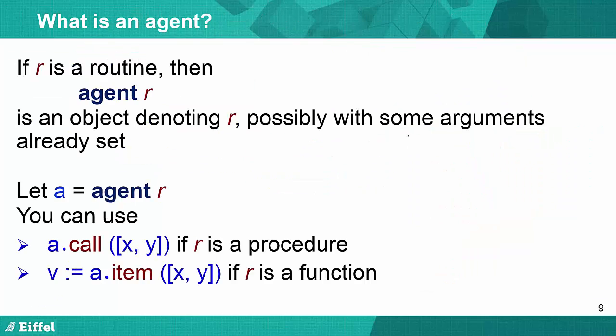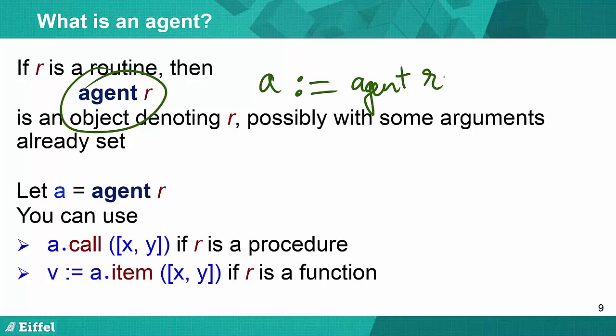If R is a routine, we have an agent based on R, agent R. For example, we could have had the assignment A receives agent R. So A is that agent.